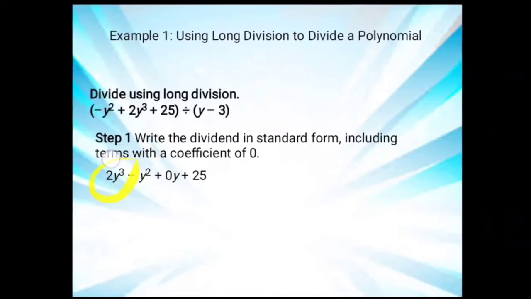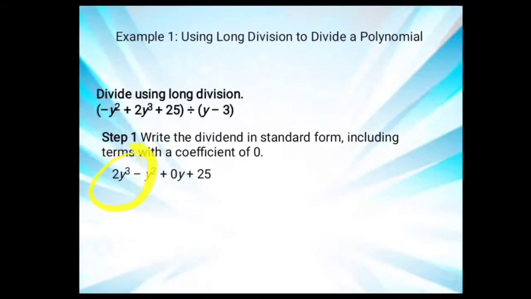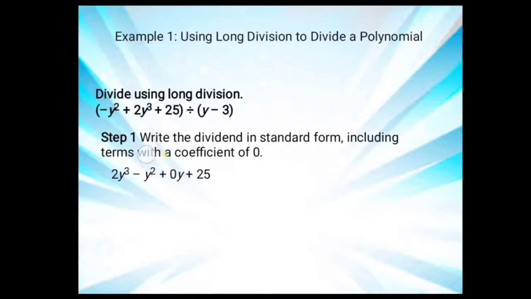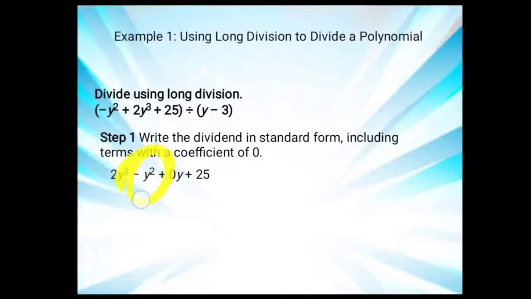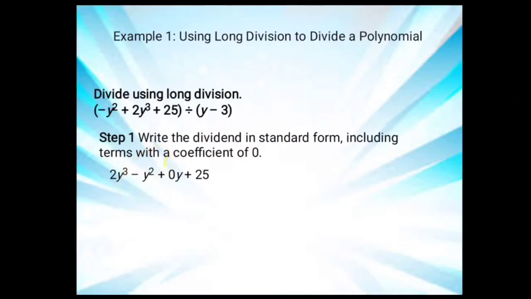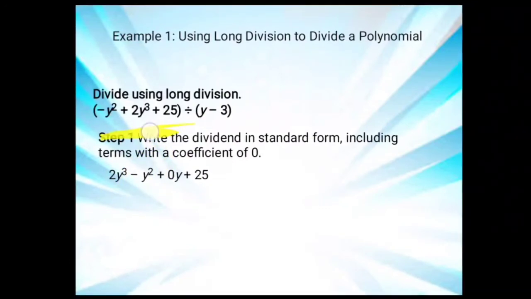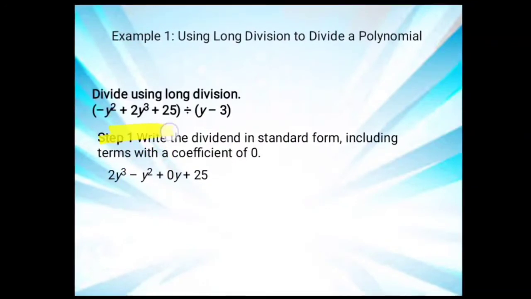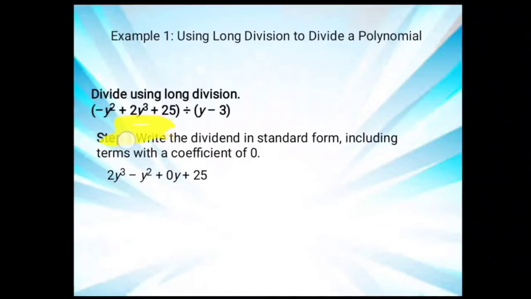Okay, so we have here 3 as exponent, therefore it should be followed by the term wherein the exponent should be 2. Okay, then as you can see on our given, we don't have term wherein the exponent is 1.